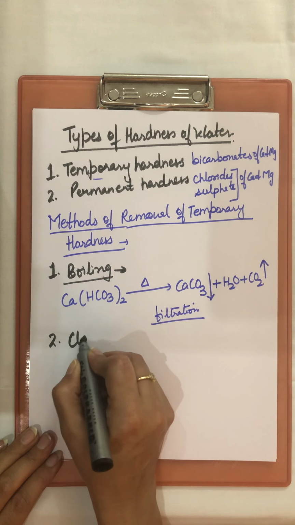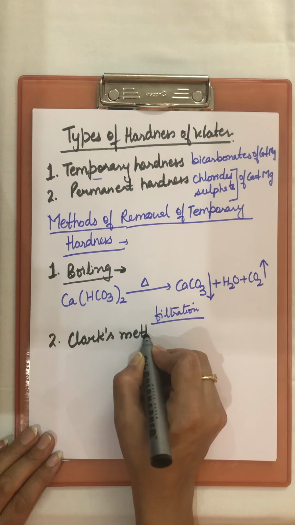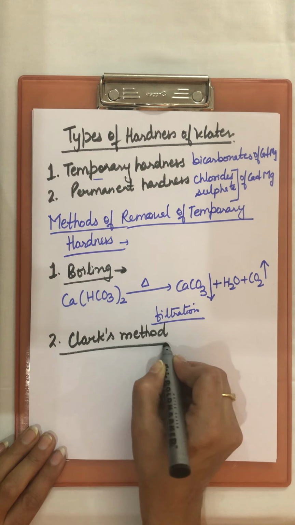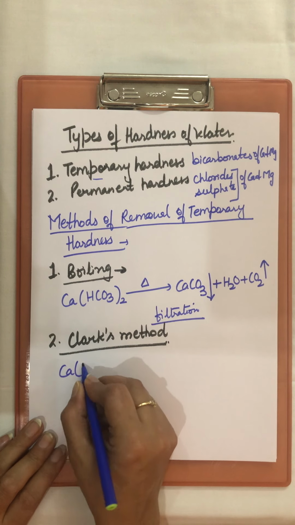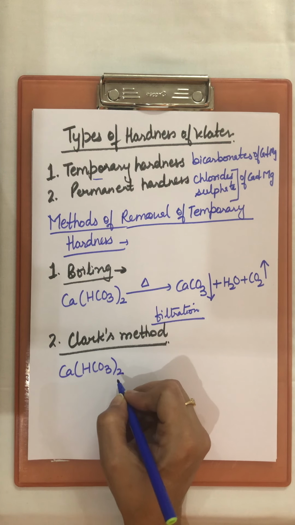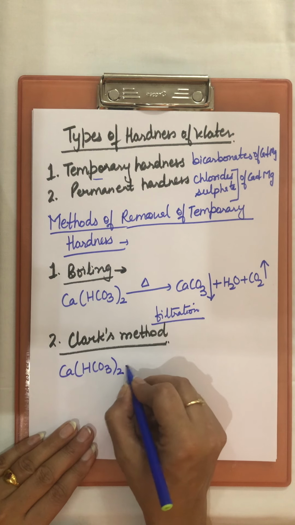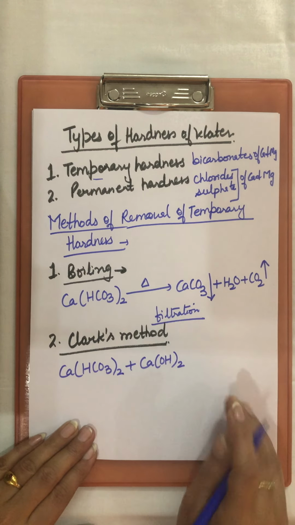Second method is Clark's method. In this method, to the water which is temporary hard, which has calcium bicarbonate or magnesium bicarbonate in it, we add lime, that is calcium hydroxide.